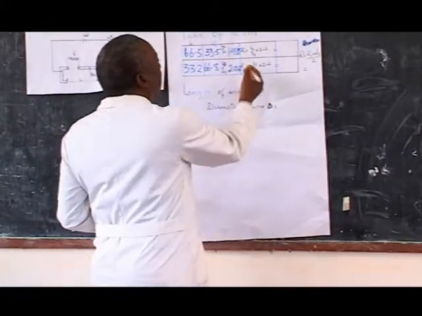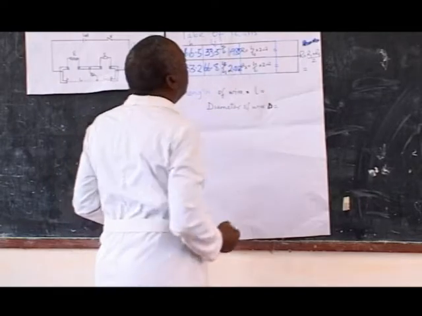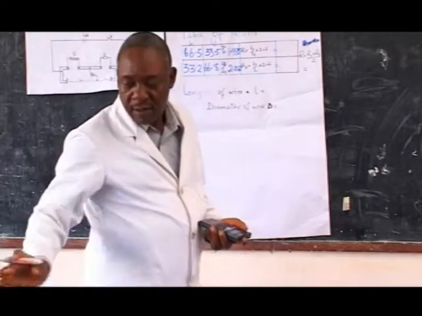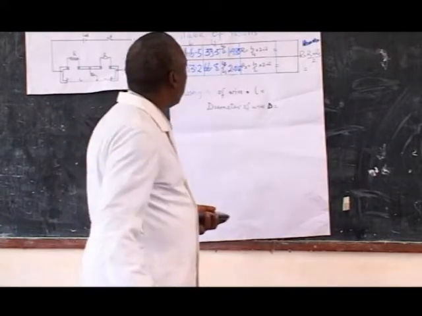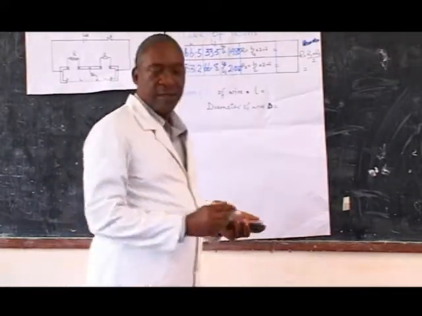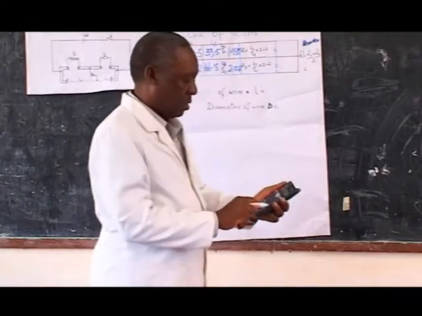Afterwards, multiply these by 2. There is resistance here, so we multiply by 2 to get the following.